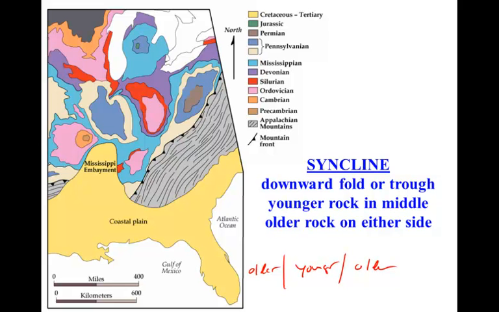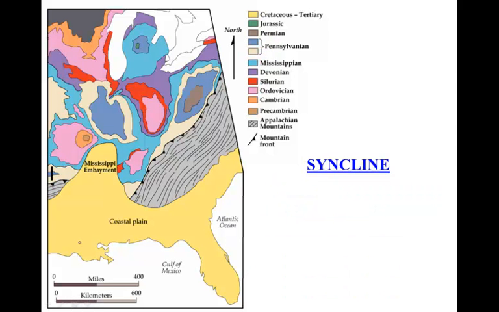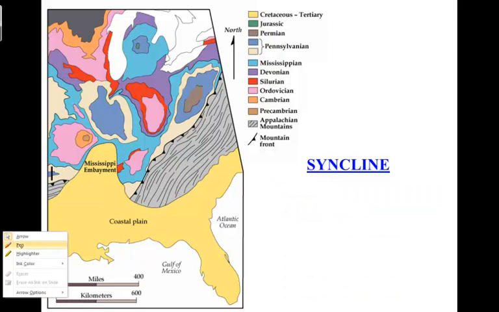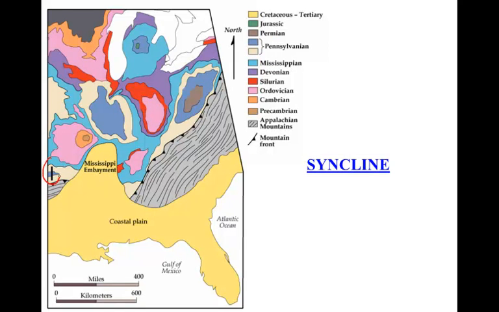Well, what about this one here? Here's a syncline. We have younger upper Pennsylvanian rock surrounded by older lower Pennsylvanian rock. So in this part of the map area, the relative ages of rock units exposed reveal the presence of a syncline.